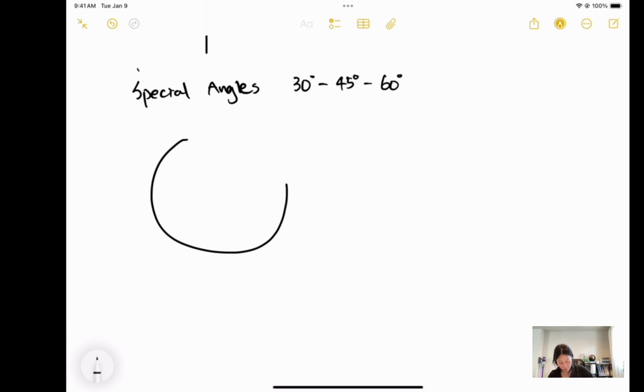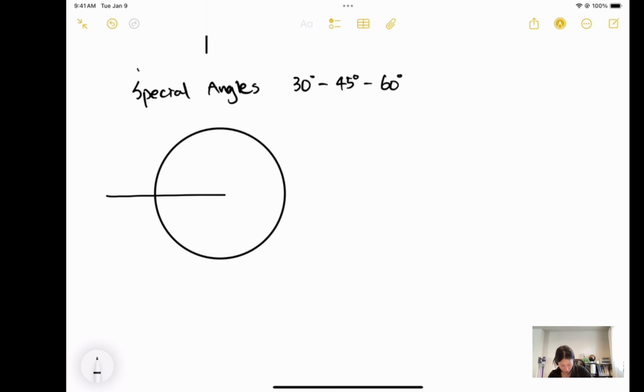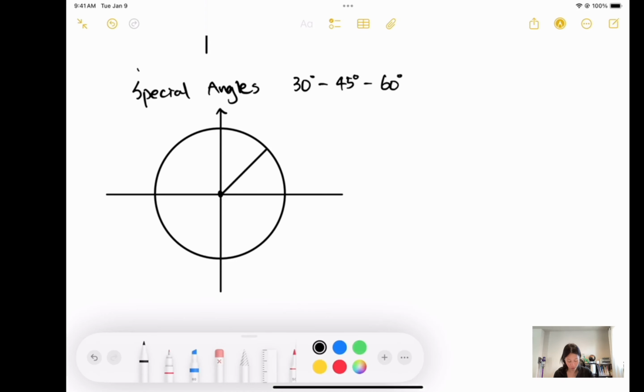In a unit circle, the reason why we use the unit circle so much is that the center, which is the vertex of the angle, is always at the origin, which is 0, 0. Another important thing is that the radius is equal to 1 on a unit circle. So that makes the calculation very easy.